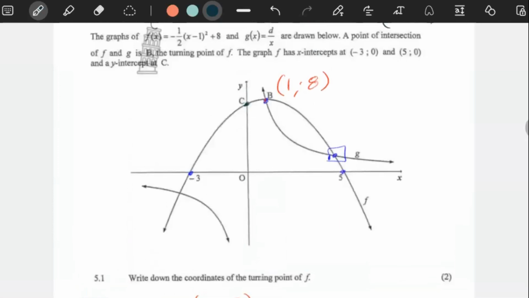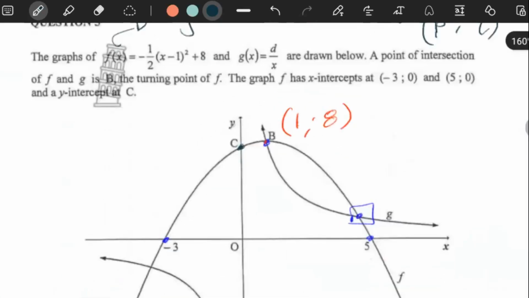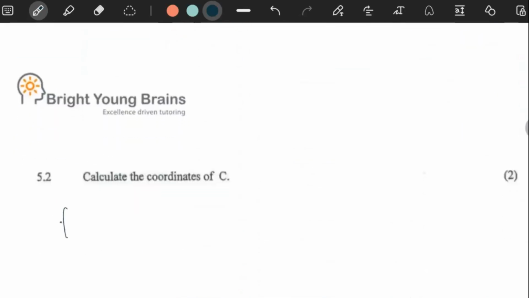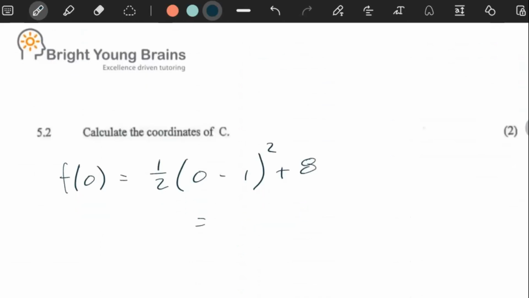5.2 is asking us to calculate the coordinates of C. C, already we know that the x value is 0. All we need to find out is the y value. And we have an equation of a graph that passes through C, which is f(x). In the equation of f(x), we're going to make x 0, and then we have (0 - 1)² + 8. There we go. 1 squared is 1, or negative 1 squared is also 1.